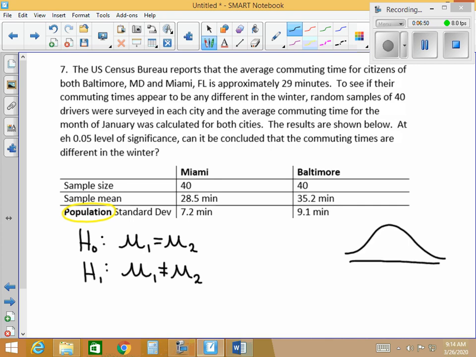So again, I have a two-tailed test, and my alpha here, that's supposed to say the 0.05 level of significance. And so a two-tailed test for my alpha being, sorry, I can't write one thing and say another, being 0.05 or plus and minus 1.96.